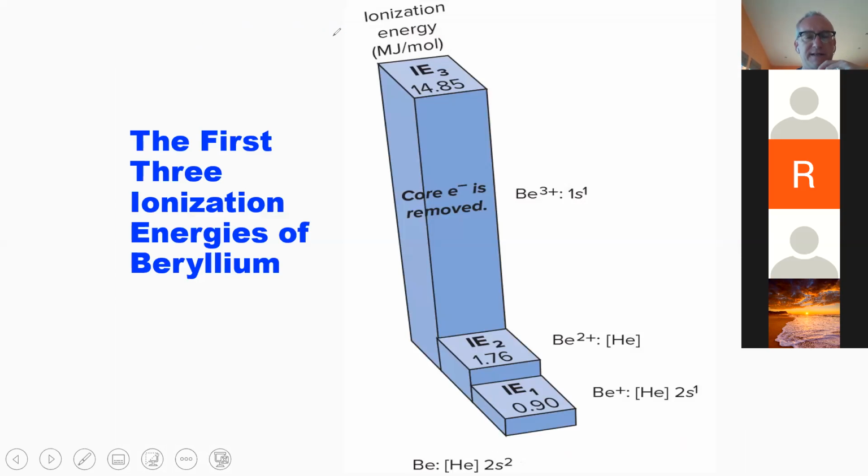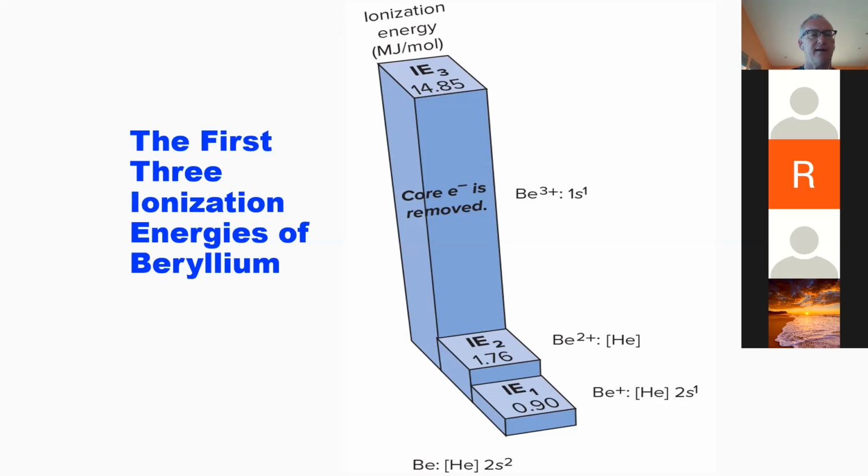So how can you tell that these things are easily ionized? This gives you an idea of how many electrons are in the outermost shell. And this is the ionization energy. If you remember, the ionization energy is the amount of energy it takes to remove an electron. And this is beryllium. Beryllium has 4 electrons.